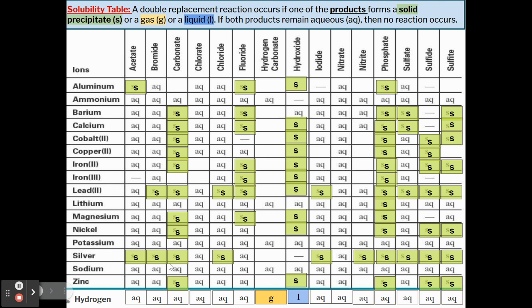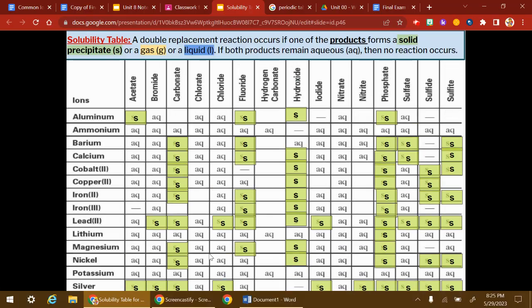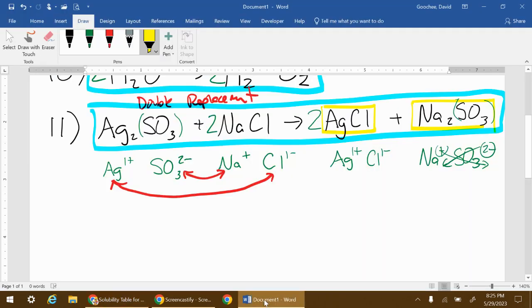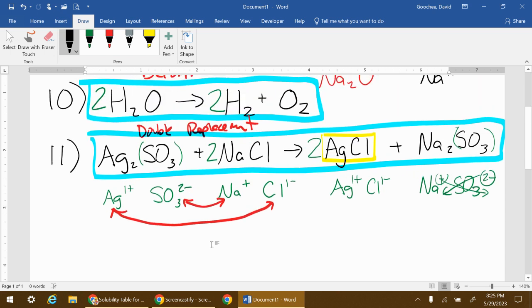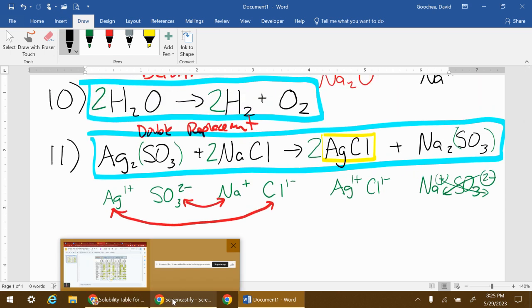Here's silver and silver chloride right here. So silver chloride does form a precipitate. So this reaction does occur because silver chloride right here forms a precipitate. So there you go. So that is problem number 11. I'm going to break this up into two parts, and I'm going to do another part right afterwards.